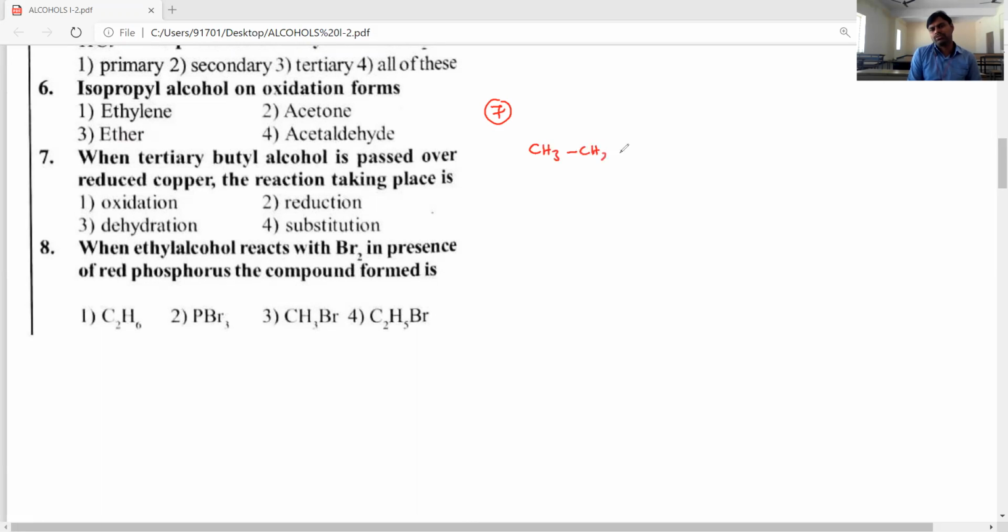CH3CH2OH, ethyl alcohol, is a primary alcohol. This primary alcohol is treated with copper metal at 300 degrees centigrade. Upon oxidation, with loss of H2, it is converted into aldehydes.